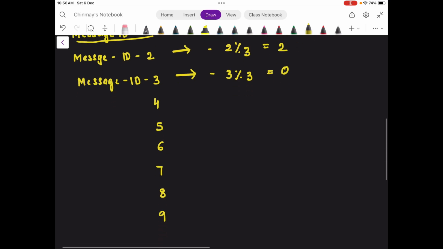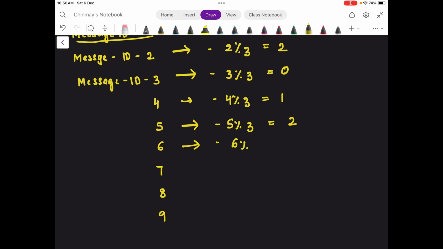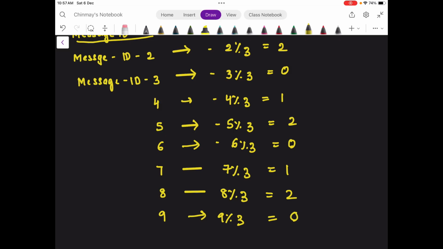For message ID 4, modulus 3 gives 1. For message ID 5, modulus 3 gives 2. For 6, modulus 3 gives 0. For 7, it gives 1. For 8, it gives 2. For 9, it gives 0.